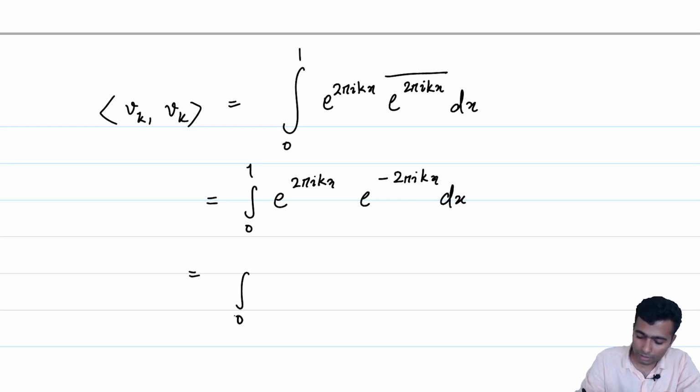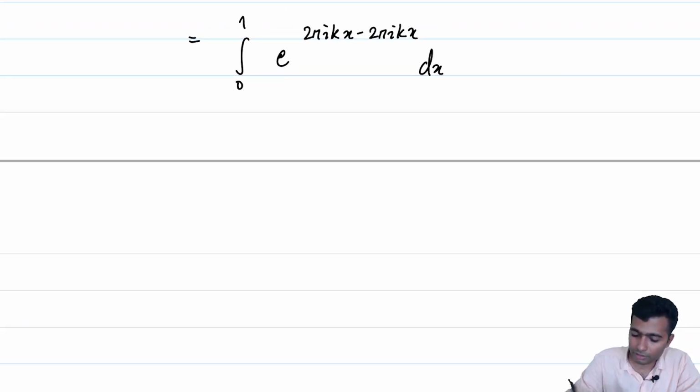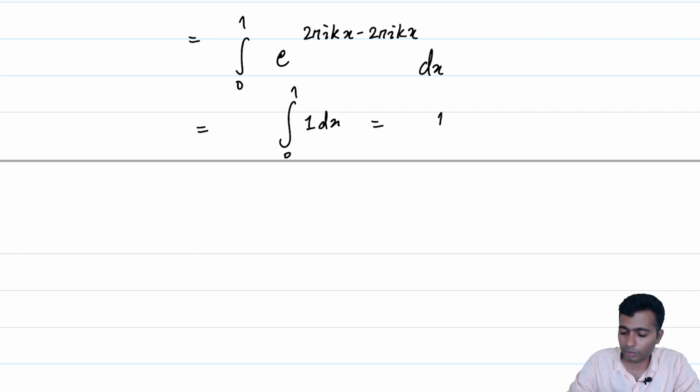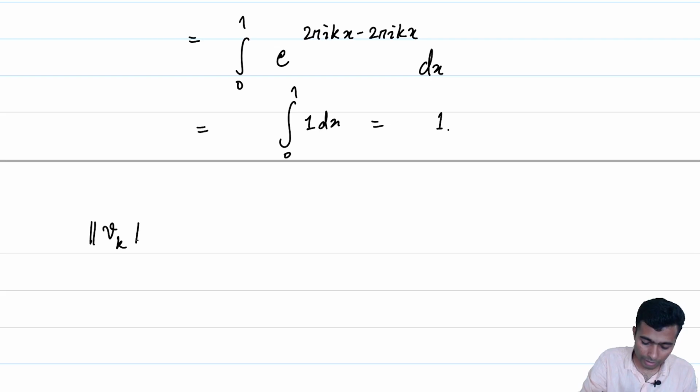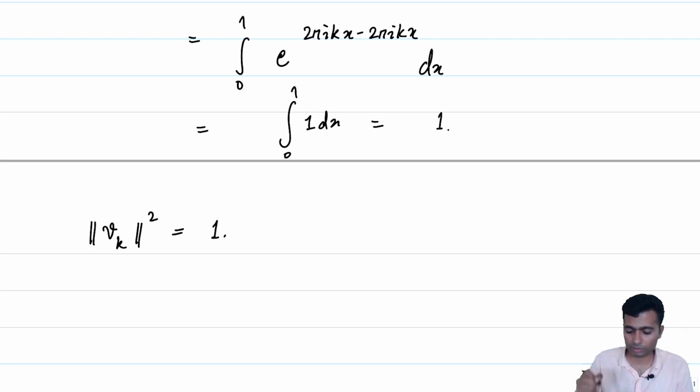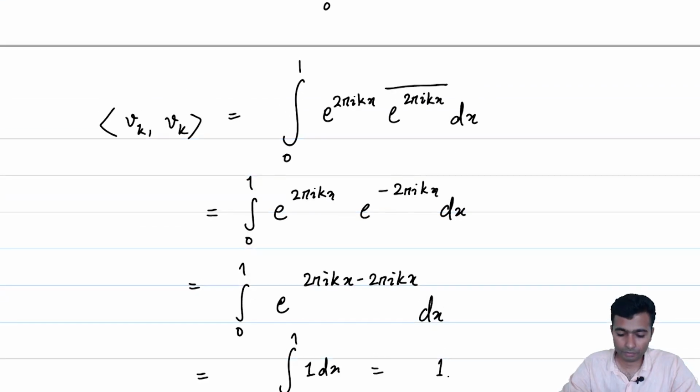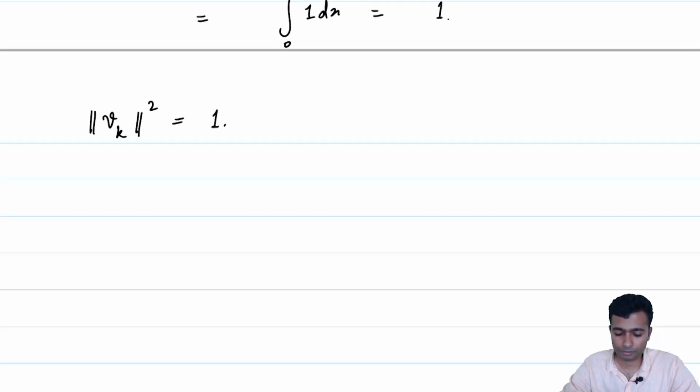And this will be e to the power 2 pi i kx minus 2 pi i kx dx, which is e to the power 0, which is the integral of 1 dx, where the limits are from 0 to 1, which will just turn out to be 1. So the length of vk squared is equal to 1. So this is already a unit vector, it's normalized.